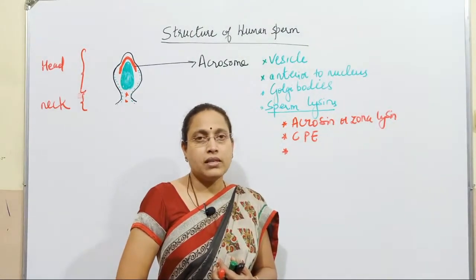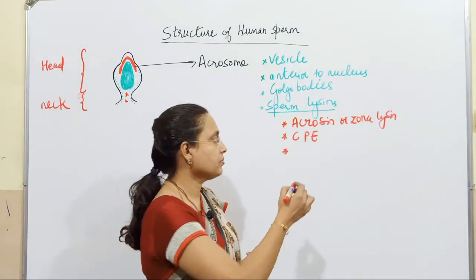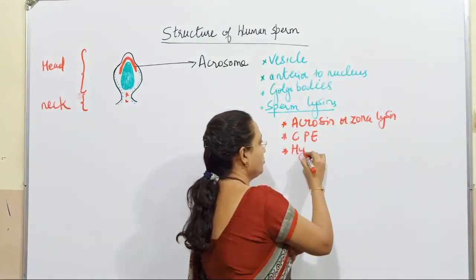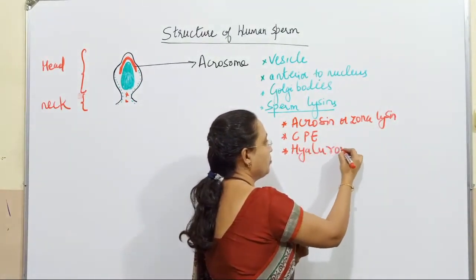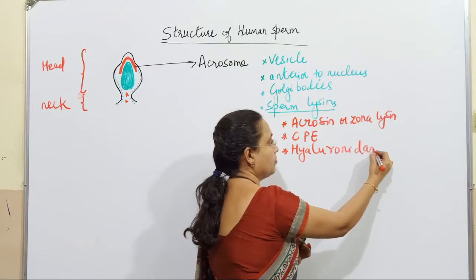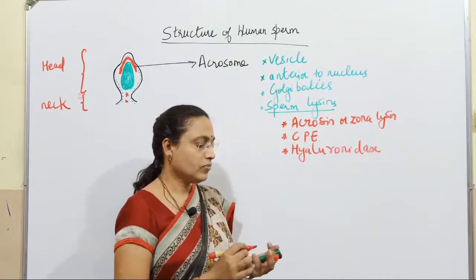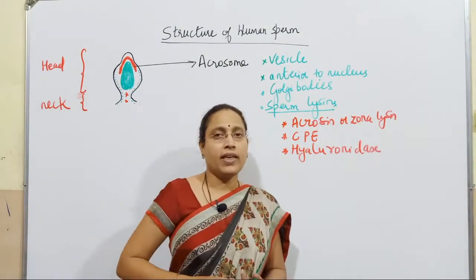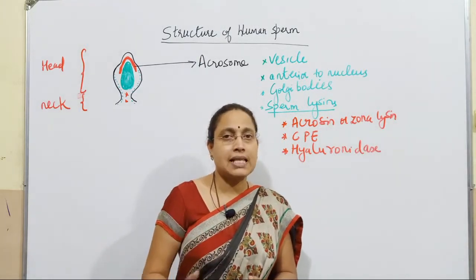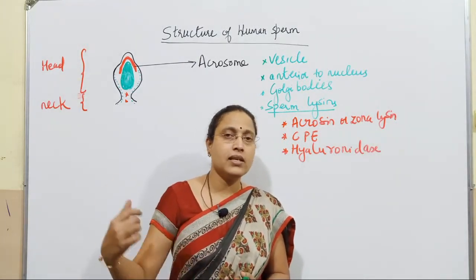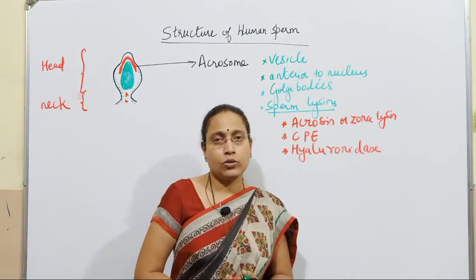The third one is hyaluronidase. These three altogether are called sperm lysins, and where are they present? They are present in acrosome.